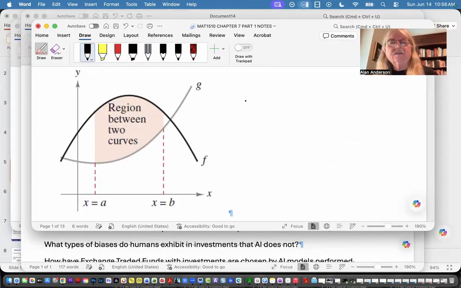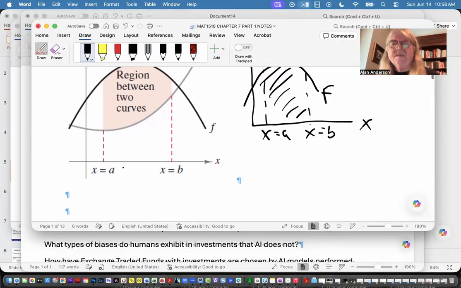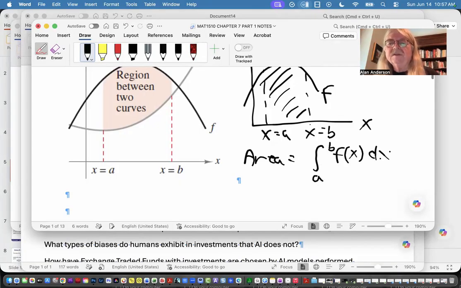If I were to just look at f only, all the way down to the horizontal axis, it would be easy to calculate this area because all I would have to do is find the definite integral between the two endpoints, and we'd be all set.